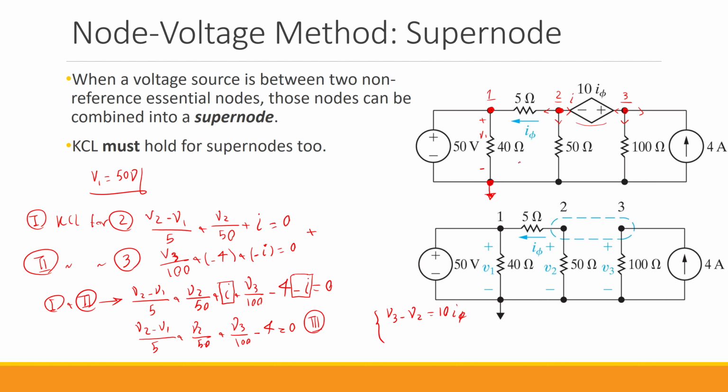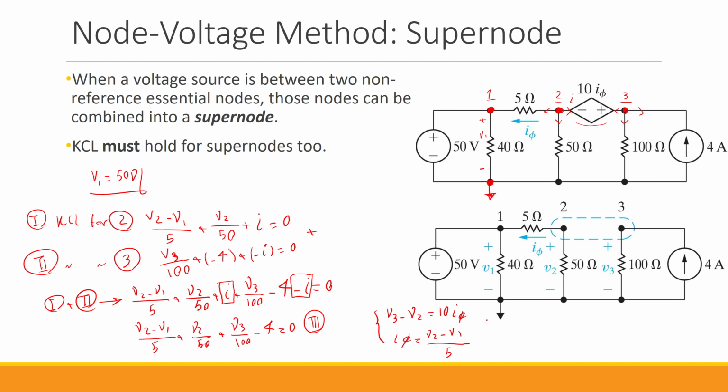Another thing that we know is how to calculate I phi. I phi is basically V2 minus V1 over 5.